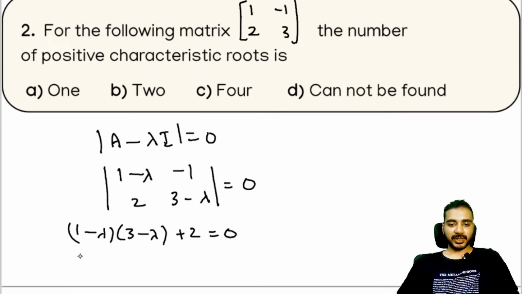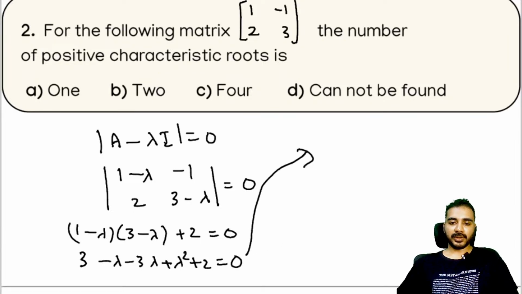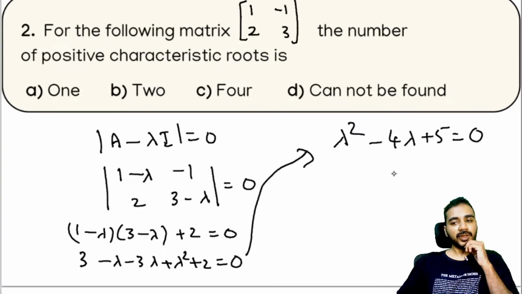By expanding, I'll be getting 3 minus lambda minus 3 lambda plus lambda square plus 2 equal to 0. This can be written as lambda square minus 4 lambda plus 5 equal to 0.